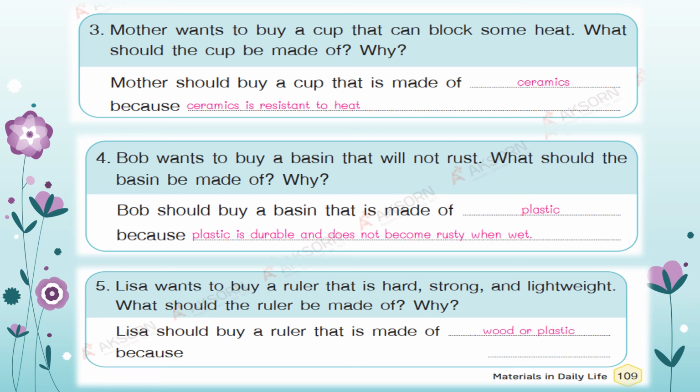Because wood or plastic is hard, strong, and lightweight. So Lisa wants to buy a ruler made of wood or plastic because it is hard and strong.